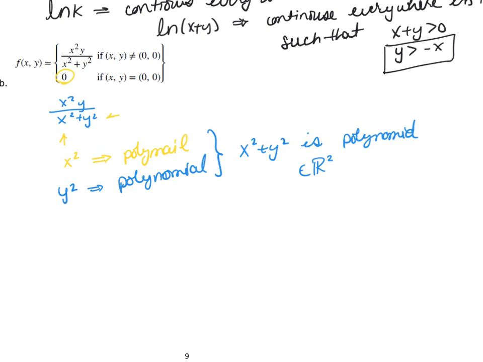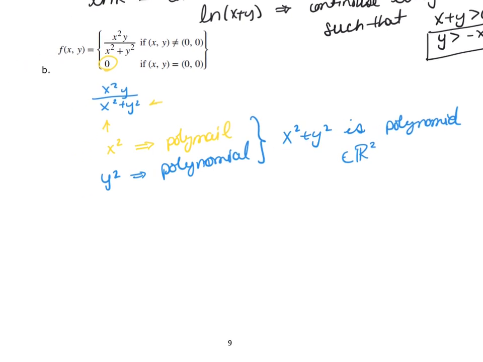Since x squared is continuous in R and y squared is continuous in R, x squared plus y squared is continuous. And since the sum of two squares is always strictly greater than 0, provided they're not both equal to 0, we know that the denominator is always going to be greater than 0.